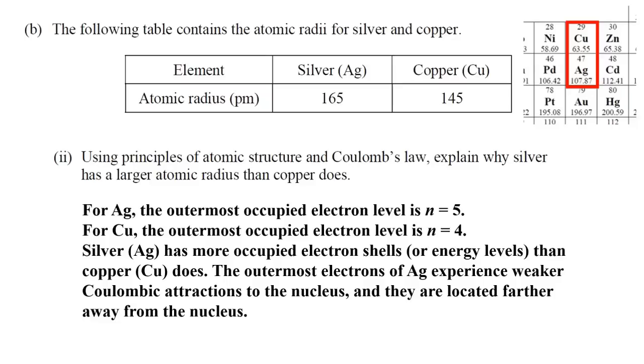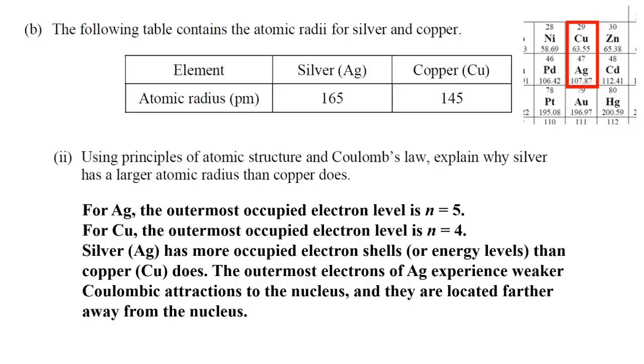So it's a mixture of 4s and 3d. So I mentioned specifically the energy levels. Silver has more occupied electron shells or energy levels than copper does. The outermost electrons of silver experience weaker Coulombic attractions to the nucleus, and they are located farther away from the nucleus.